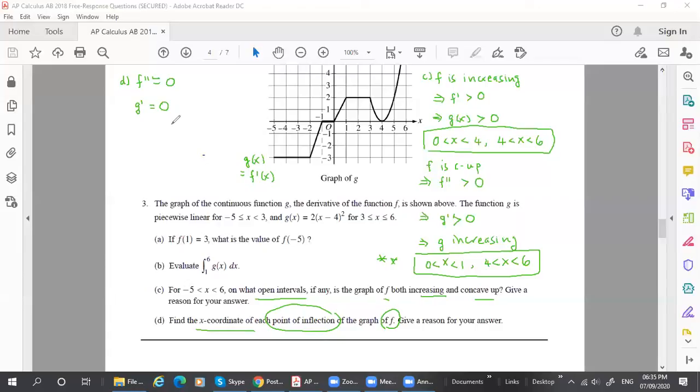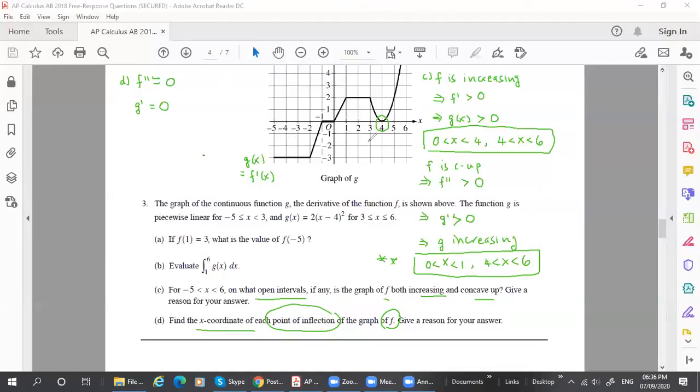This occurs only when the graph of g changes from increasing to decreasing or from decreasing to increasing. We are looking at this point here. The graph of g decreases and then increases.